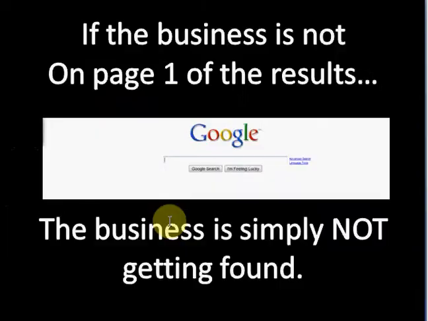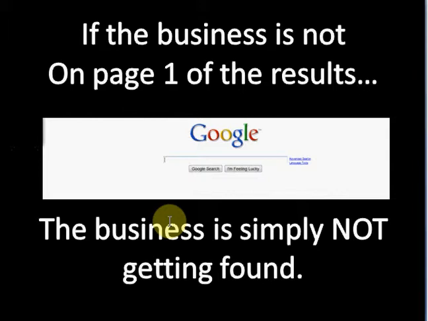Now what happens if the business is not on page one of the results? Well, basically what that means is that your business is simply not getting found. The reason for that is most people don't have the patience to go to page 8 or page 15 or page 20, wherever your business is showing up. Most people only look at page 1 and possibly page 2.